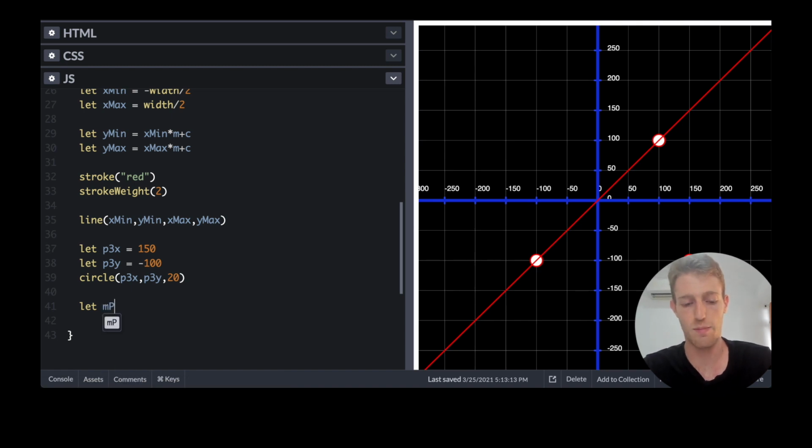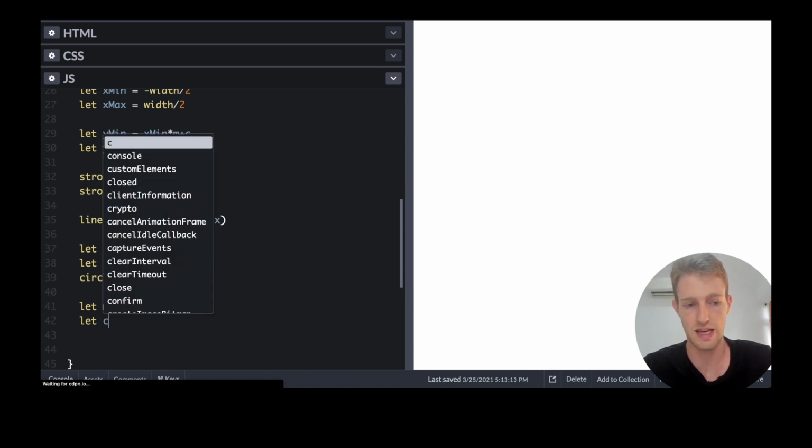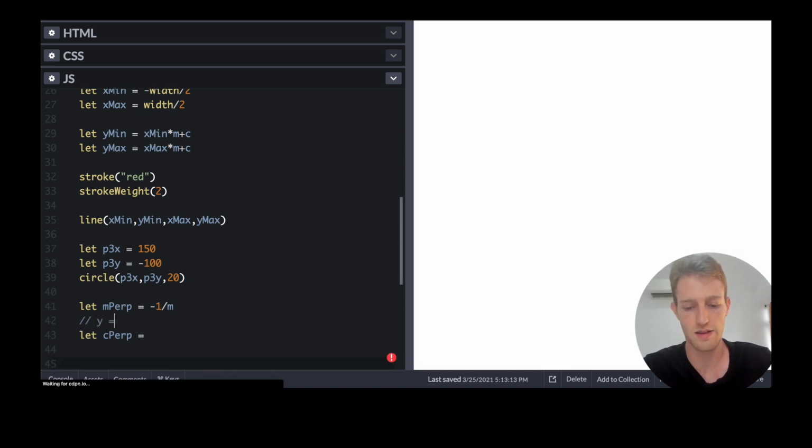To draw the perpendicular line, let's make our new gradient. I'm going to say m perp, for m perpendicular, and we know it's going to be equal to -1 over m. Now we want to figure out what our c is, so c perp for this new one. We already have y is equal to mx plus c, and like we said before, c is equal to y minus mx.